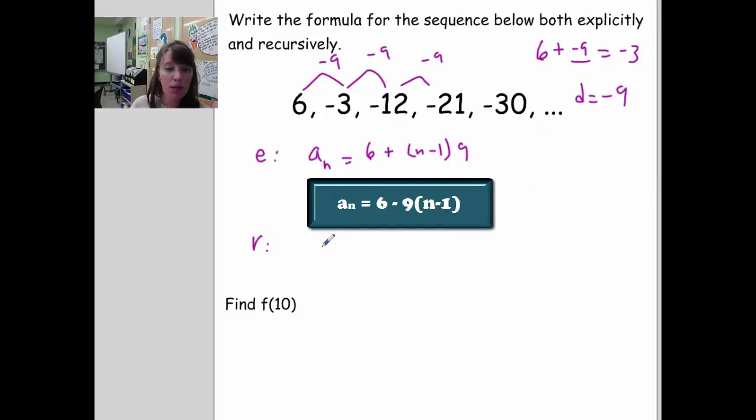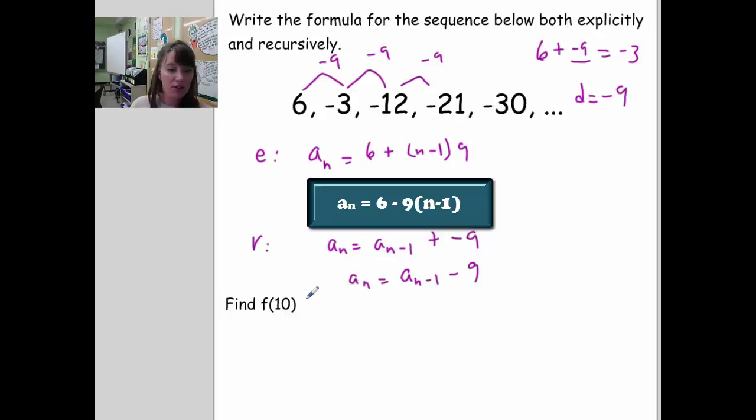The recursive formula says a sub n is equal to a sub n minus 1 plus the common difference, which is negative 9. If I simplify that, a sub n is equal to a sub n minus 1 minus 9. Yep, that's the recursive formula because I take the previous term and subtract 9 from it.